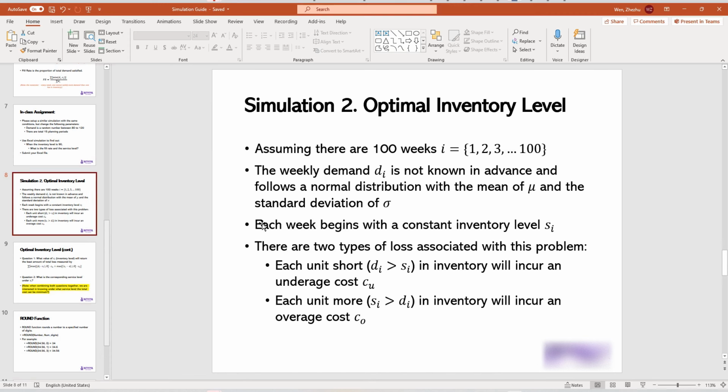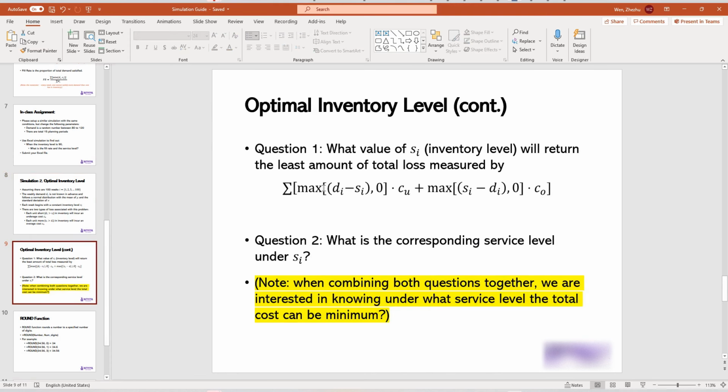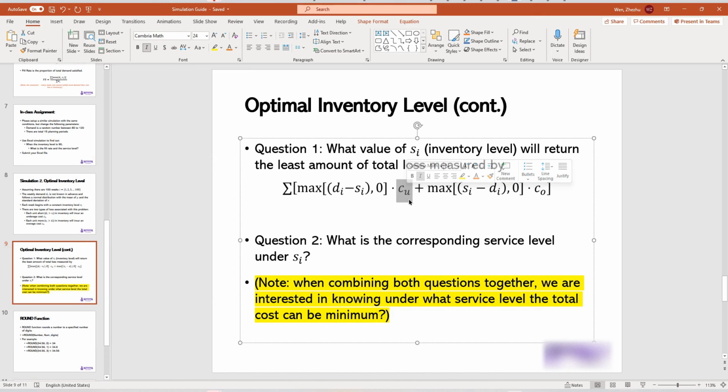When demand is bigger than S_I, we know this is a case of underage. So each unit of underage multiplied by the loss associated with it will give you the total loss because of not having enough inventory. And this is the next part. When the inventory is bigger than the demand, then each unit of overage will be multiplied by the overage cost.